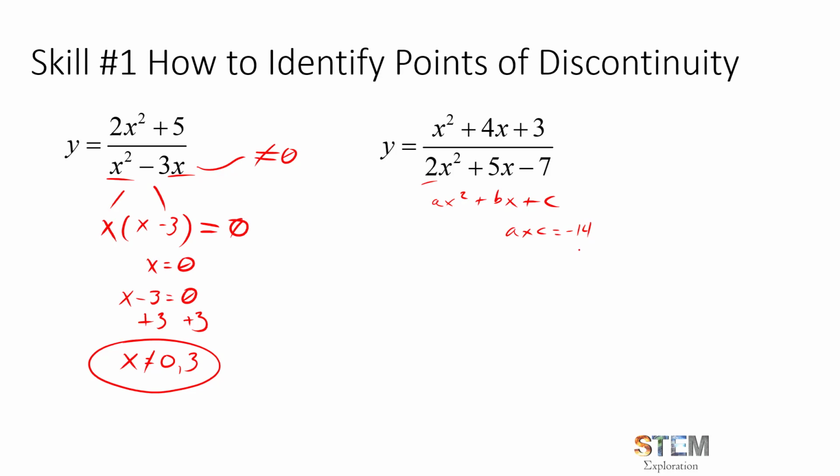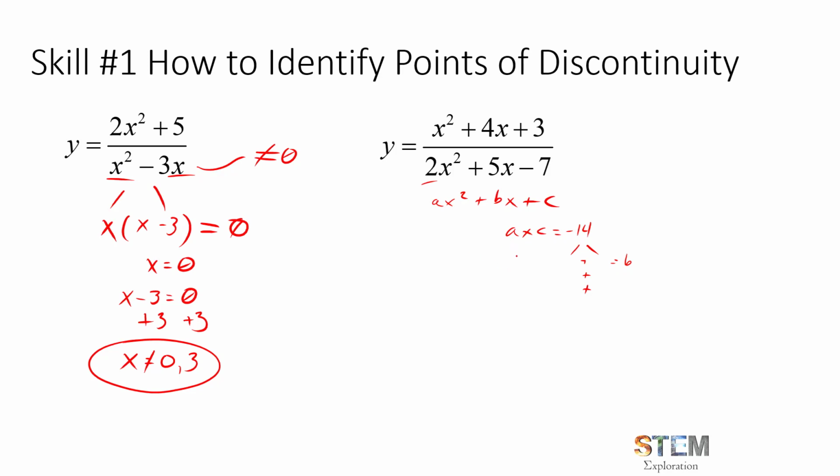If you look at the factors of a times c, there are two different things that we can take into consideration here. If we can find factors of a times c that add together to equal the b term, then you are all set in figuring out the basics of how to factor this out.